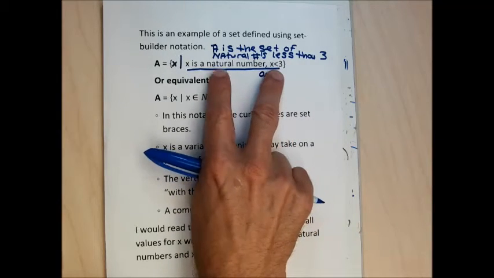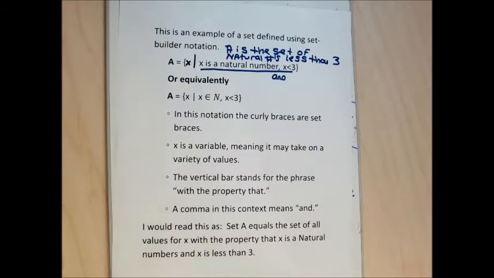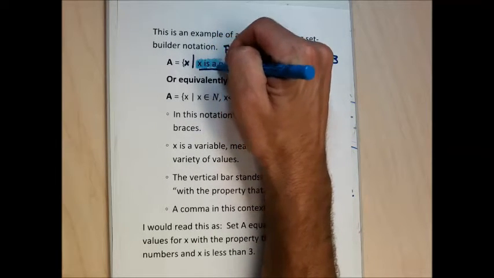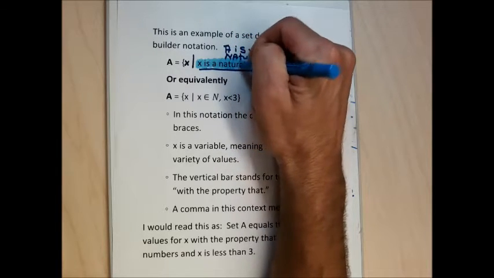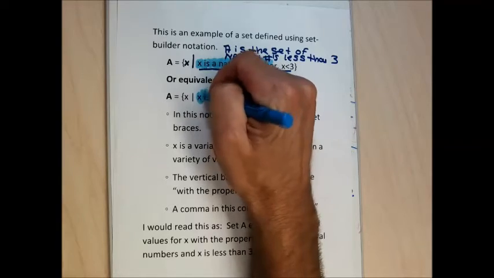This is an absolutely fine way to write set builder notation for a set, and beneath it I've written something that's equivalent. In this definition I took the words 'X is a natural number' and condensed them to the symbol X is an element of N.